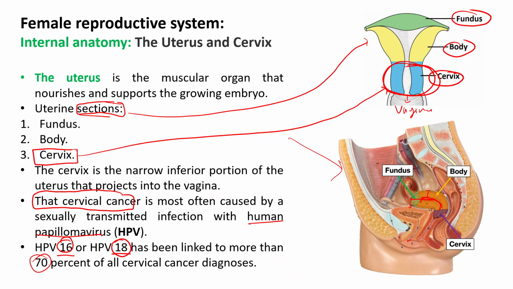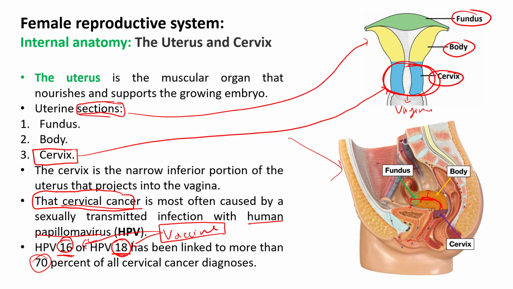Those are the ones that we call high risk, and there's a vaccine available to prevent infection with human papillomavirus. The vaccine protects you against this and other types that are high risk for development of cervical cancer.